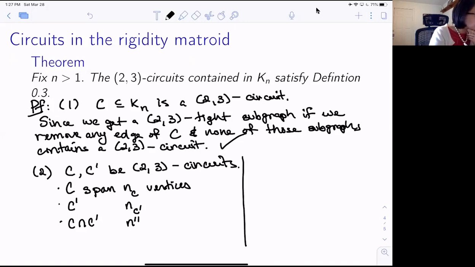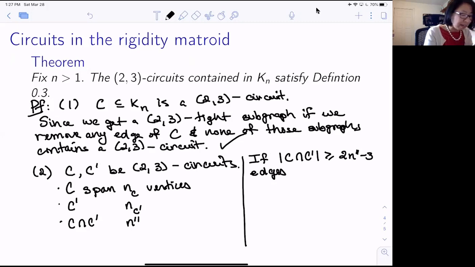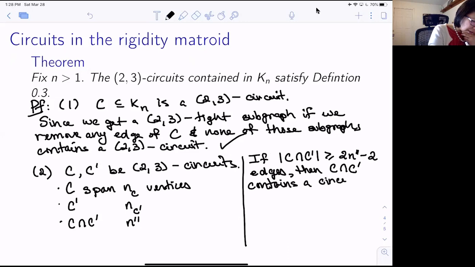When I look at the size of the intersection, if it has more than 2n double prime minus 2 edges, then C intersect C prime contains a circuit.